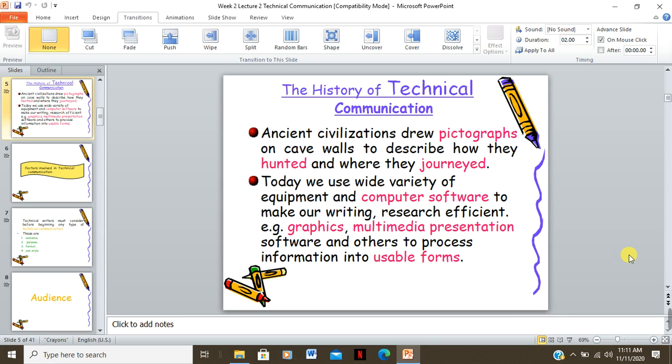Now, communication is not just the word of mouth or just the word which we convey written on paper. There are different means now to produce communication. Like here you can see the words emboldened in pink color, computer software.